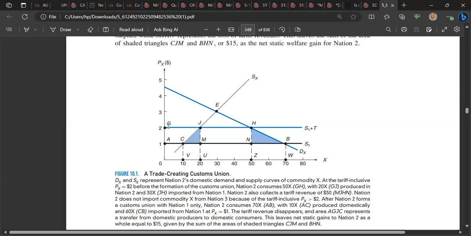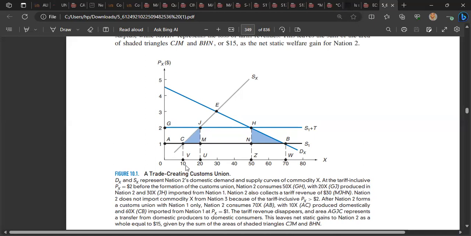So once we've withdrawn this tariff, the price is going to go back down to 1 there, right? The price basically drops back to 1. So the advantage that we gain from that is our demand is going to shift up to 70, right? Because of the lower price, our production is going to go down, from 20 down to 10.